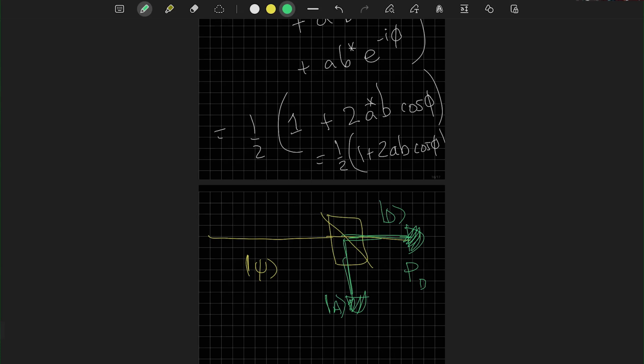Right? Because P_D equals this, I measure experimentally. I already know A and B, I can measure phi. Correct? But the problem is that the cosine function is periodic. So if phi is plus 30 degrees, I want to choose between plus 30 and minus 30 degrees.